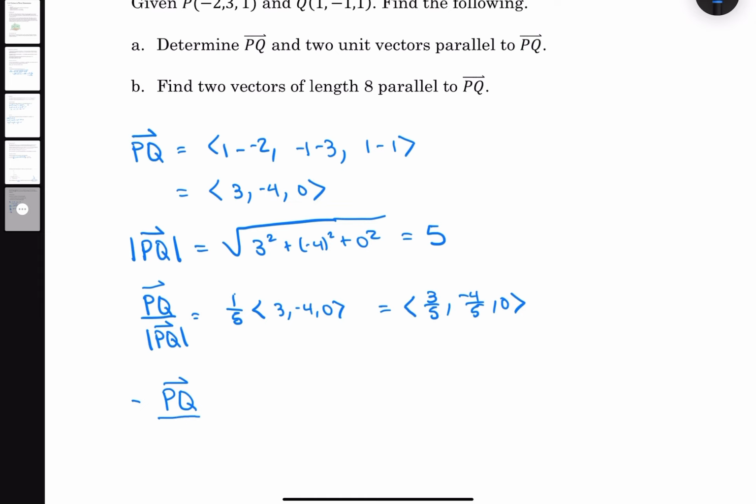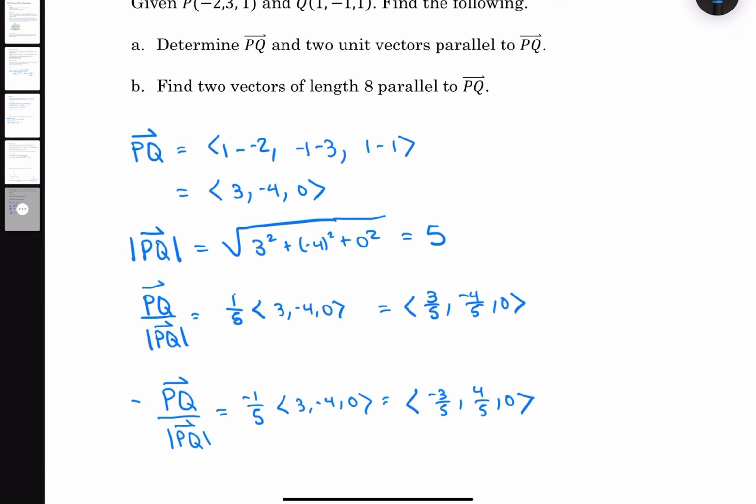So negative PQ divided by the magnitude of PQ. That's going to be negative 1/5 times 3, negative 4, and 0. So instead, we get negative 3/5, positive 4/5, and 0. Cool, cool, cool.